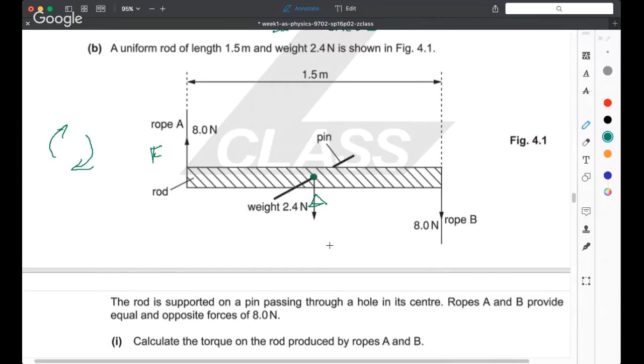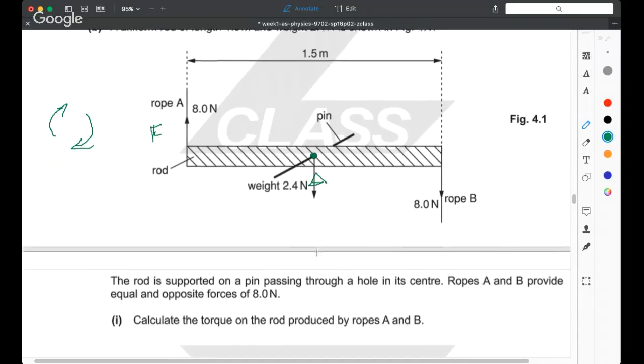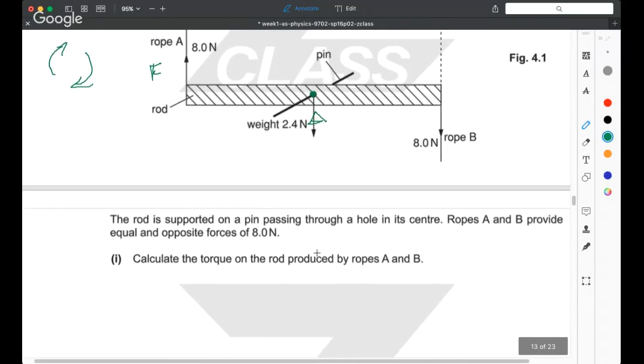But you have here another thing, I think. So how do you calculate the torque on the rod? Wouldn't this be 8 times 1.5? Because that's the distance across it, and there's 8 on the other side, so maybe 8 newtons times 1.5 meters. I think 4 plus 8 is 12.